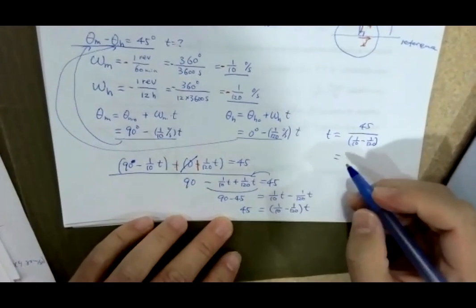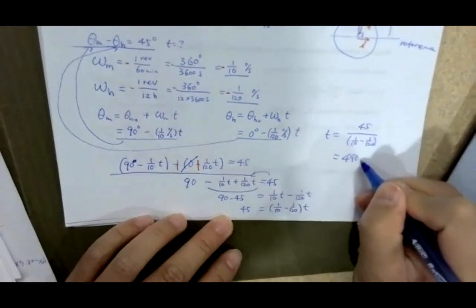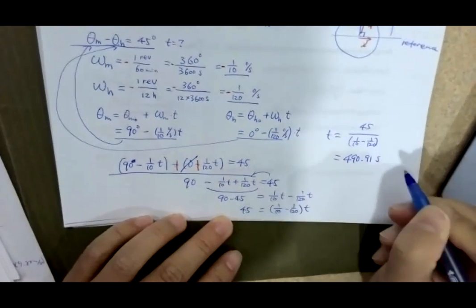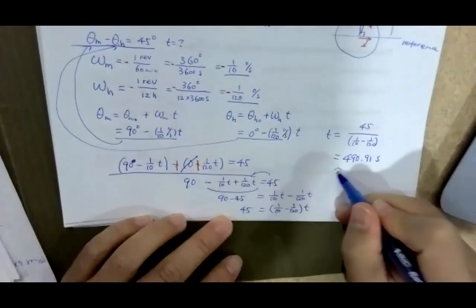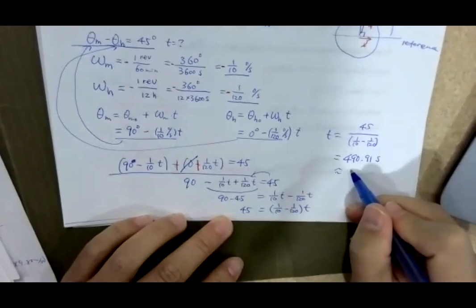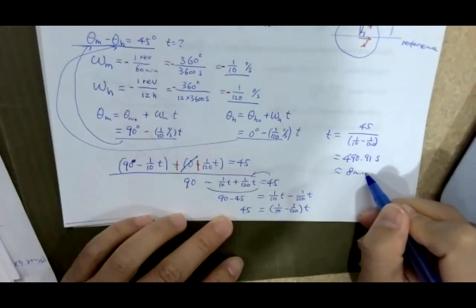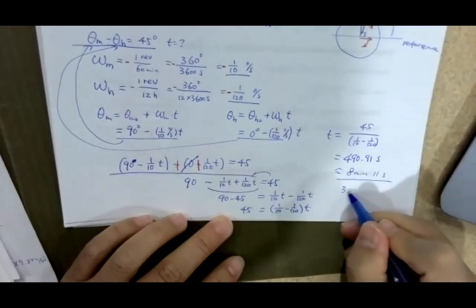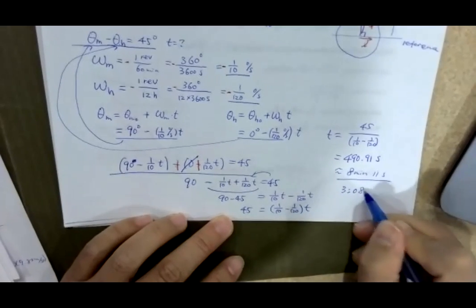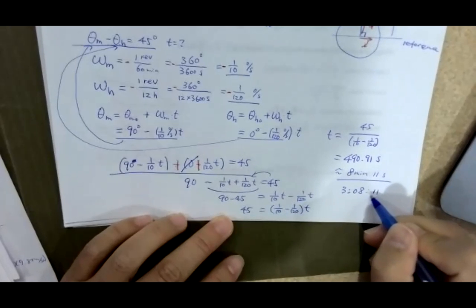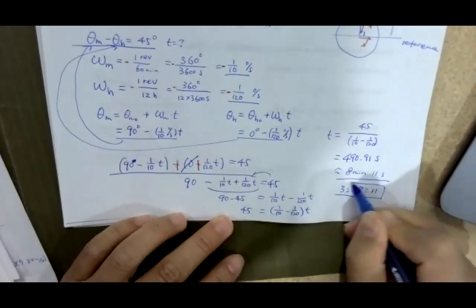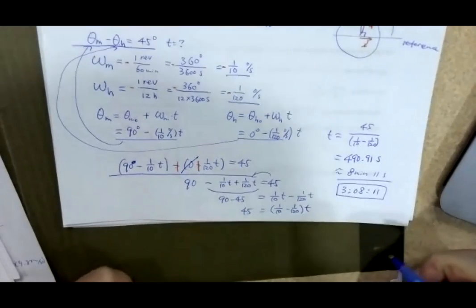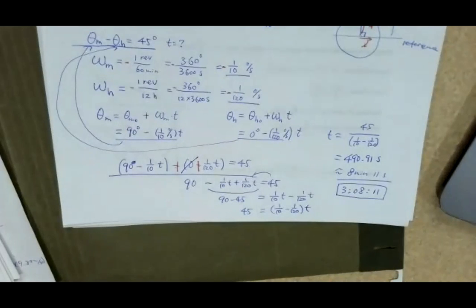That's going to be 490.91 seconds, which is roughly 8 minutes 11 seconds. So the next time when they make 45 degrees, it's going to be at 3 o'clock 8 minutes and 11 seconds, in that sense.